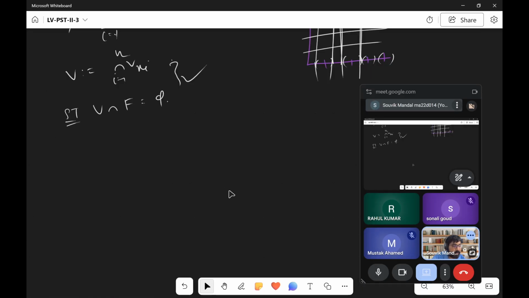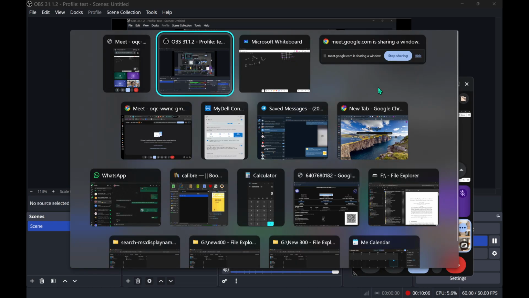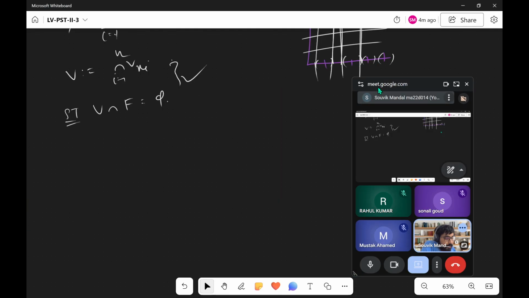Then we can directly claim the finite intersection of Vx intersection with F is phi. Correct, right, absolutely correct. Very good. So this problem is now over, right? Yes, sir. Okay, good.